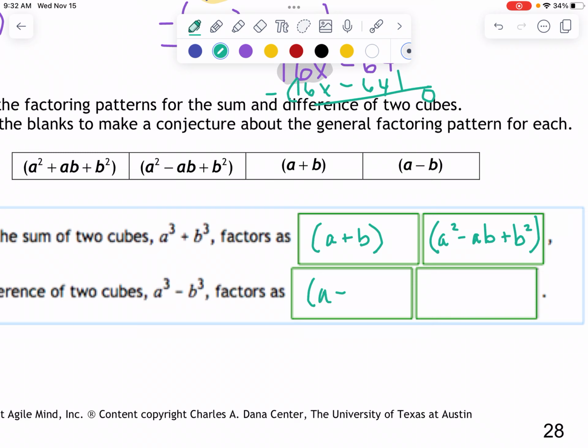This time through, we're going to do an a minus b, and multiply that through by a squared plus ab plus b squared. The only difference between these is the signs in between. Our sum of cubes is going to be a plus, minus, plus, and our difference of cubes is going to be a minus, plus, plus.